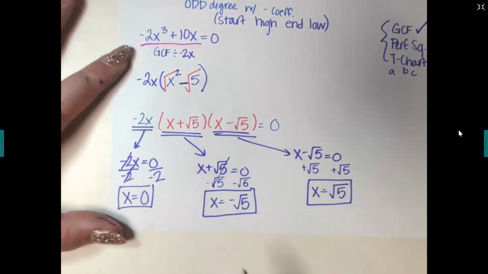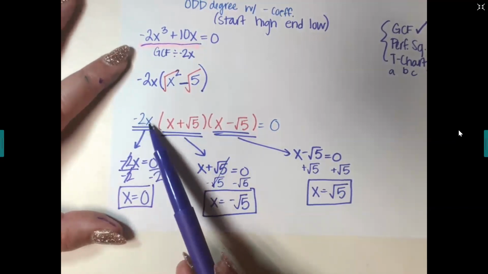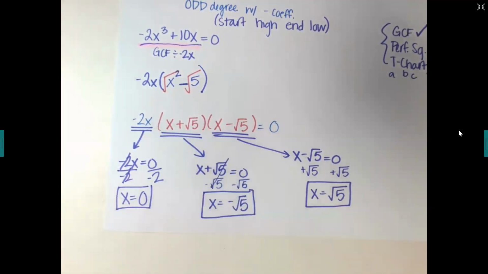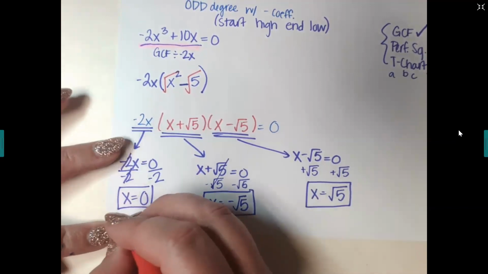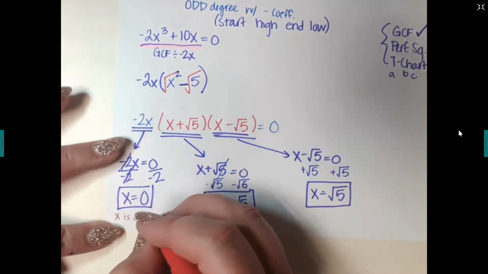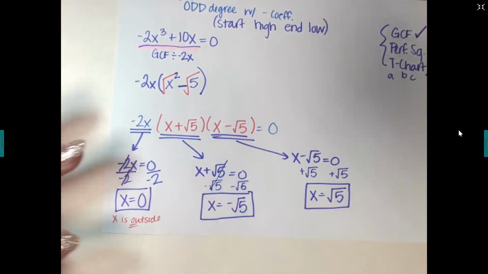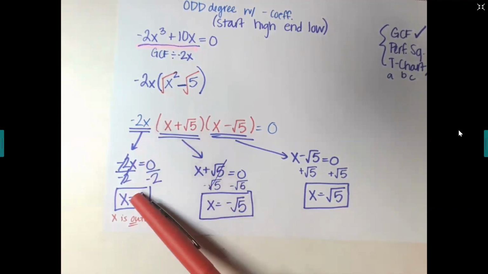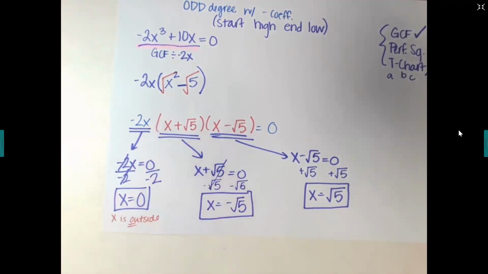And then remember what I told you, anytime that your x is on the outside like this, then that means that 0 is going to be your answer for that piece. X is outside. Okay. And even though it had a -2 with it, it didn't matter because the x was on the outside, your final answer came out to 0.